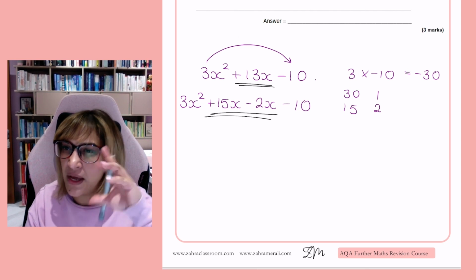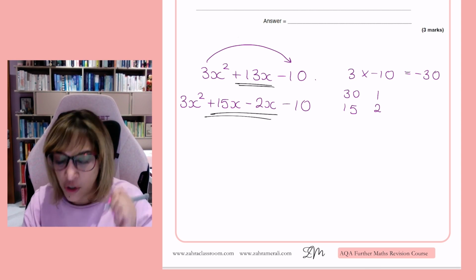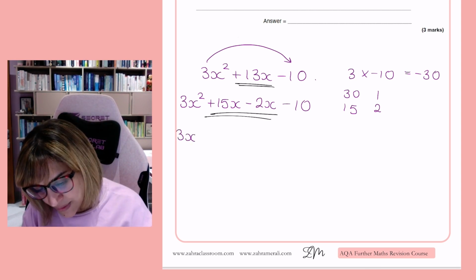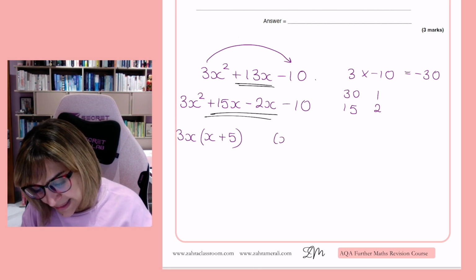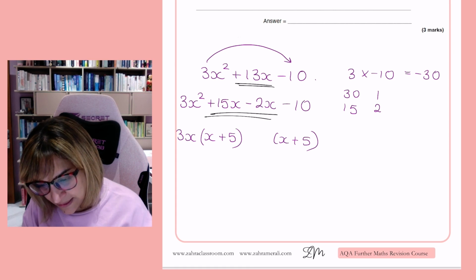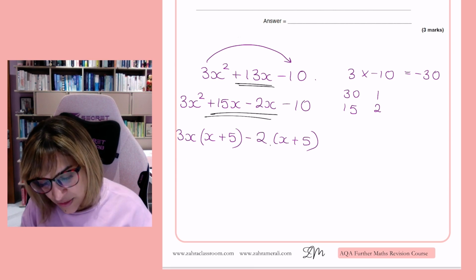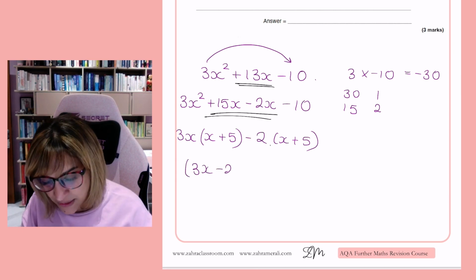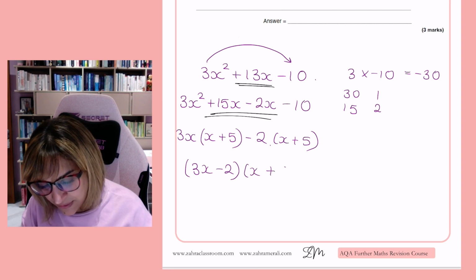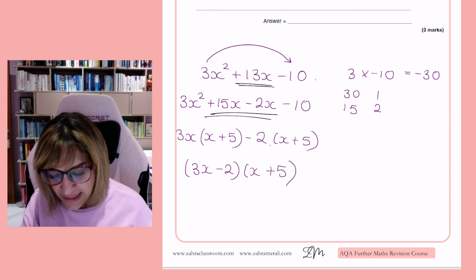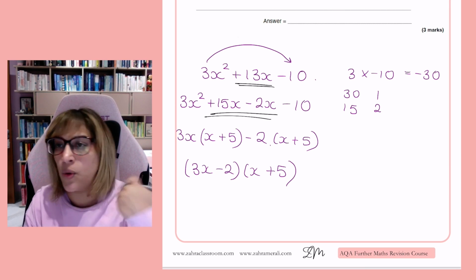Then I take my first two terms and take a common factor. In this case, it's 3x. And I get x plus 5. And I want x plus 5 here, so I get minus 2. So factorize, this gives me 3x minus 2, x plus 5. And then what you can do is, with the numbers on their own, put the y back in.